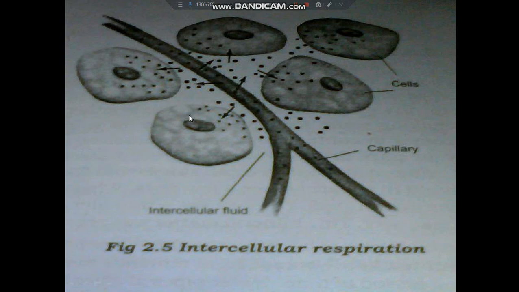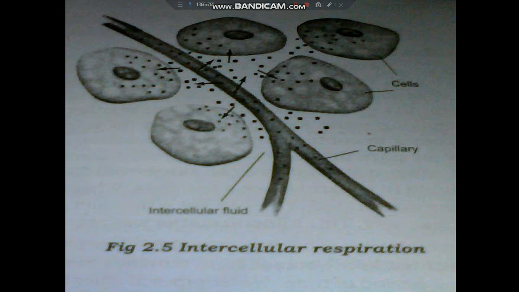This carbon dioxide which is now produced in the cell is going to be transferred from the cell to the intercellular fluid, from this intercellular fluid to the capillaries, from the capillaries back to the lungs, and from the lungs then the carbon dioxide is exhaled out from the body.